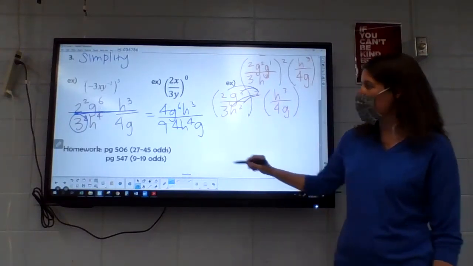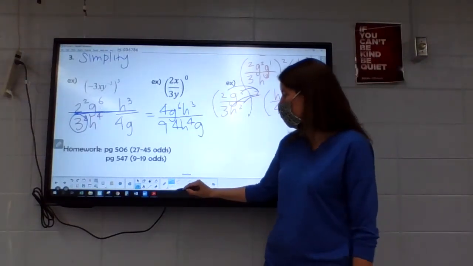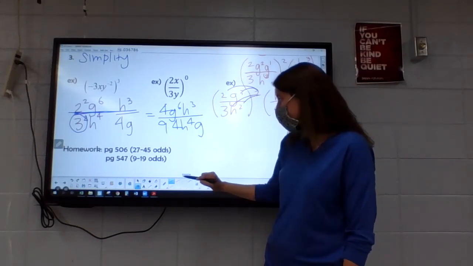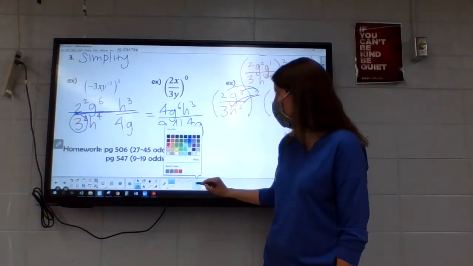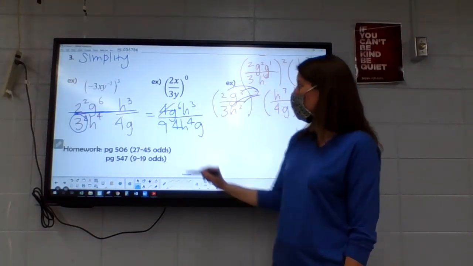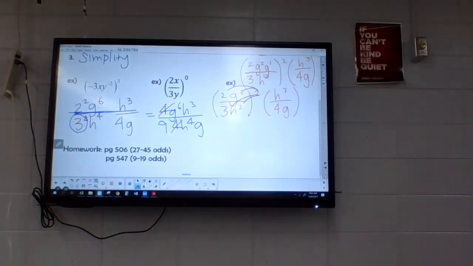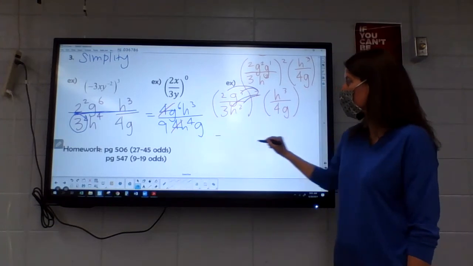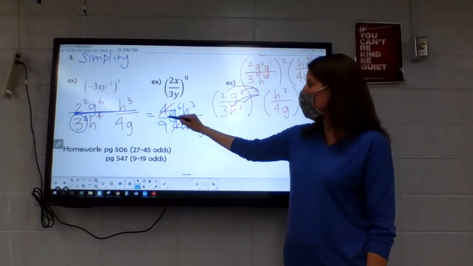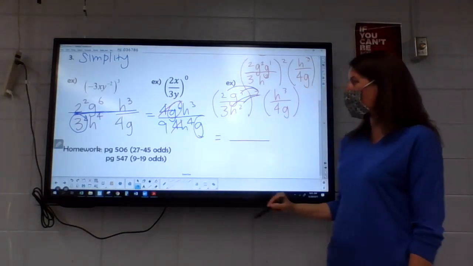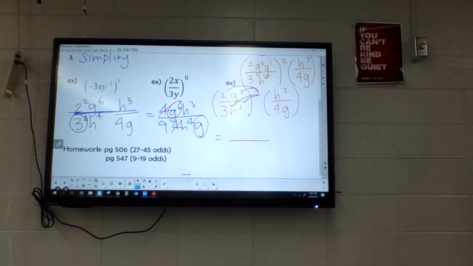So rather than multiplying 9 times 4 here, if you notice that, you can actually just cancel the 4's out, if you want. So there's G to the sixth on top and just a G on the bottom. Where do the G's end up?